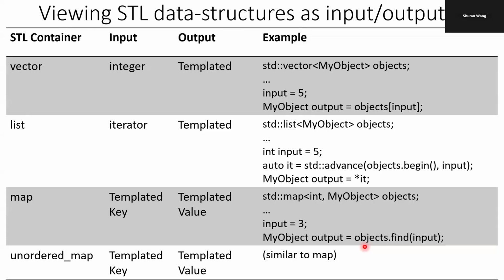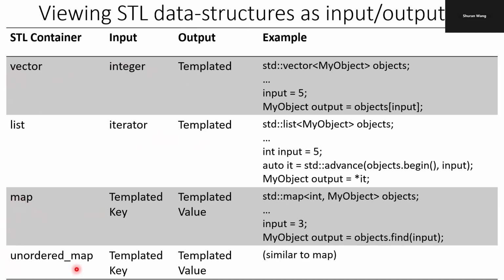And let's take a look at all the data structures that we can use. The vector takes in as input an integer as the index for random accessing. The output is templated. The list takes in an iterator, output is templated.